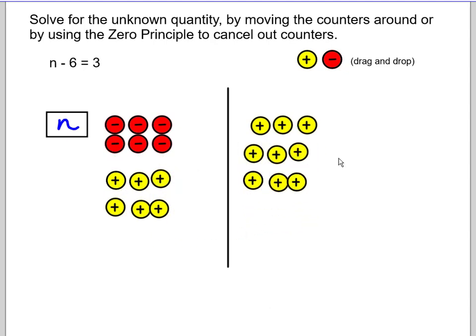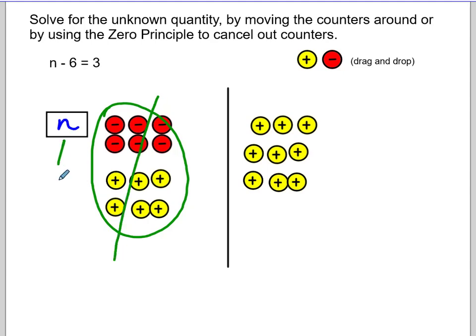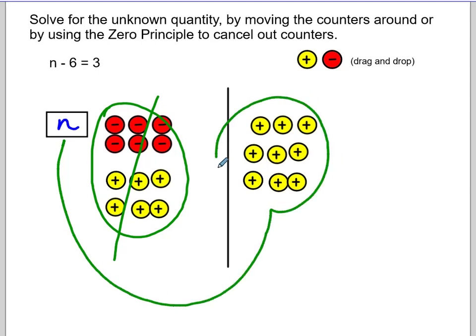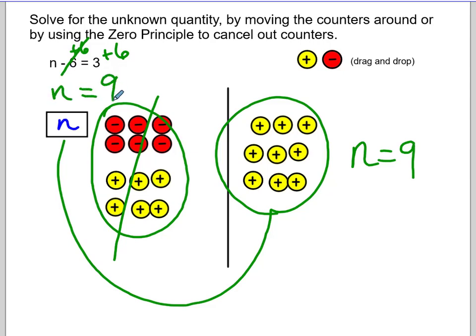These 6 negatives and these 6 positives all zero themselves out, so they're gone. So this n must be equal to 9. From an algebra standpoint, we introduced 6 positives, so we added 6 to both sides. These would cancel, and we're left with n equals 3 plus 6, or 9.